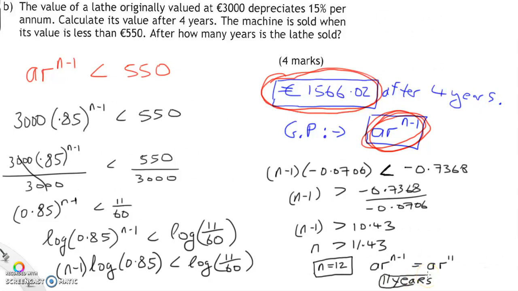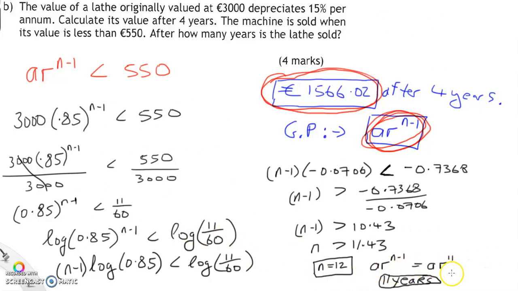And we can try and solve it. You can actually get your A, so it's going to be 3000. We can try it out, right? Try out 11. So you have 3000 is A, multiplied by R is 0.85, and n minus 1 is 11, so that's 0.85 to the power of 11. Run that through the calculator, and you should get 502.